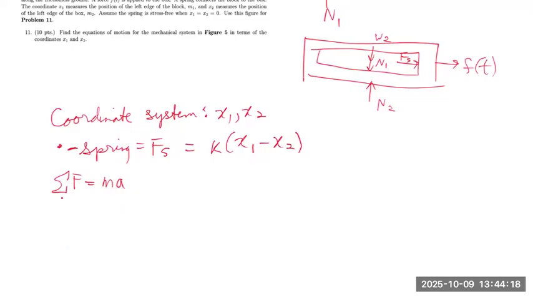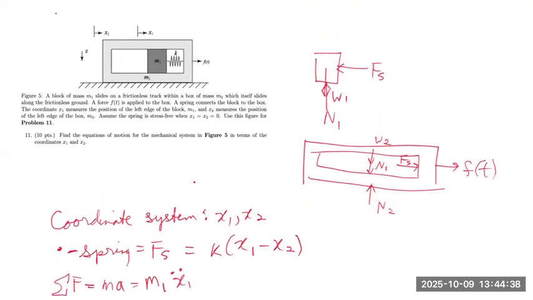So F is equal to MA, and for mass one this is equal to M1 times x1 double dot, because double dot is differentiating the displacement x1 two times, which gives acceleration.